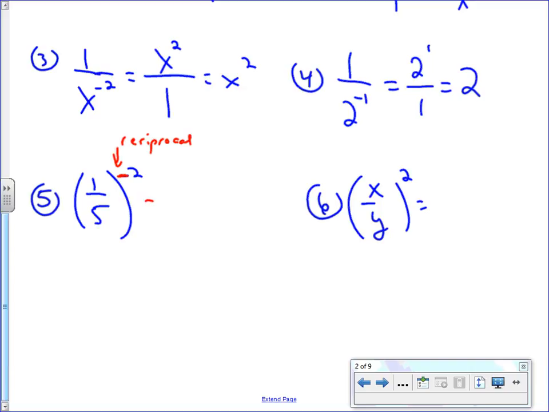What's the reciprocal of 1 over 5? 5 over 1. I'm going to flip this. 5 over 1. And then what's the other thing? Flip it and do what else? Make it positive. Make what positive? The exponent. So the exponent, instead of being negative 2, will be positive 2, and then we know what that is. 5 squared is 25. Okay?